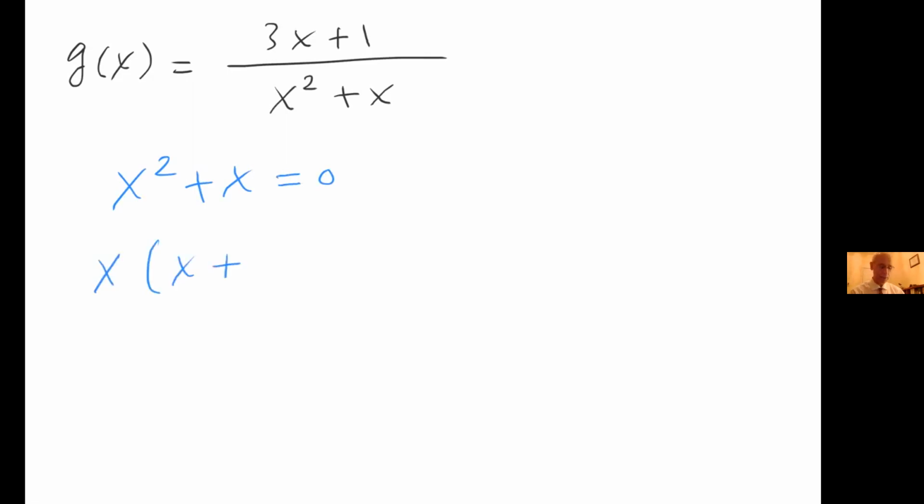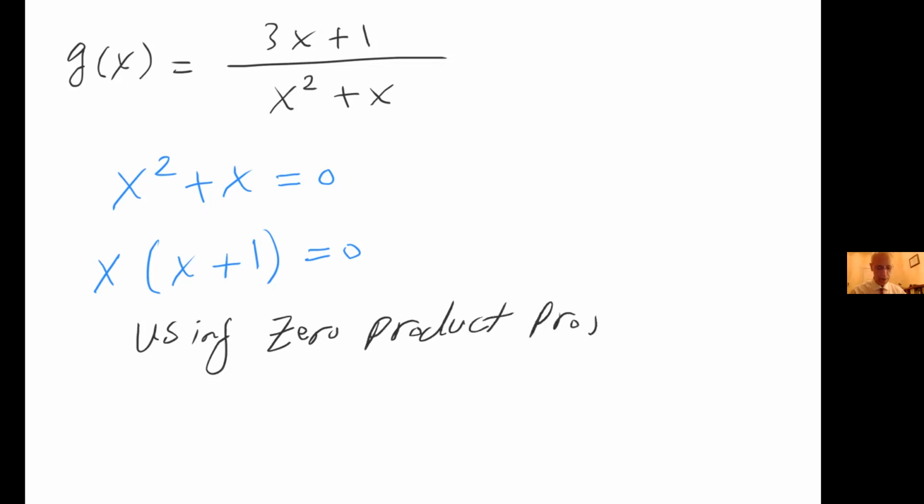So I have x times x plus 1 equals 0, so x equals 0 and x equals -1. Using the zero product property, I set both factors equal to 0, x equals 0 and x plus 1 equals 0. So the second part gives me x equals -1.